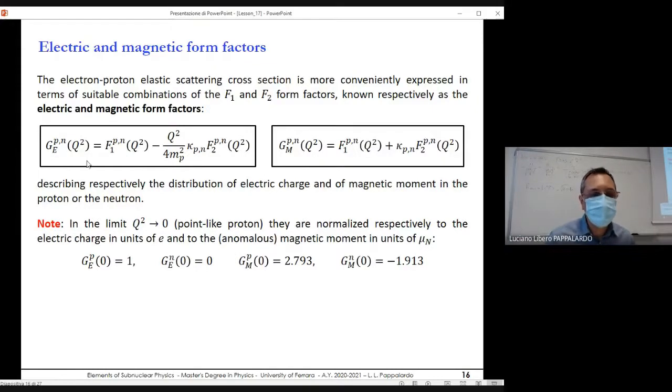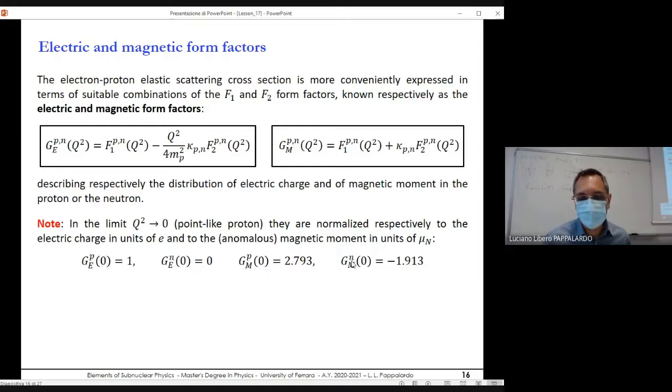Now, in the limit where Q squared goes to 0, so we don't have any more any spatial resolution, again we look at the proton as a point-like object. These quantities are normalized to the electric charge in units of e, so the electric form factor of the proton is 1, the electric form factor of the neutron is 0, that's the electric charge.